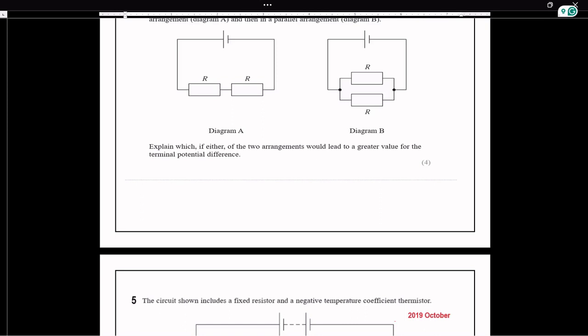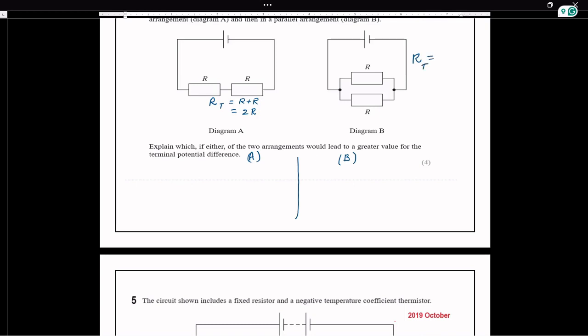Since it is like a comparison, I'm doing it this way. This is for diagram A and this is for diagram B. Here the two resistors are connected in series, therefore the total resistance will come as R plus R, which is 2R. But here the resistors are connected in parallel. I hope you remember the method I gave you in the previous question.